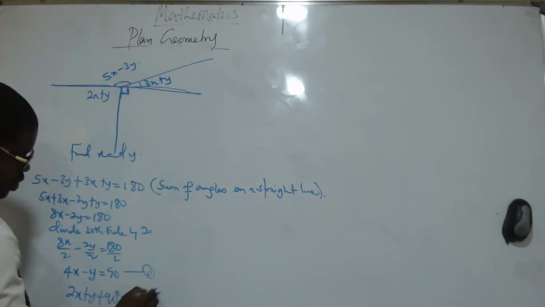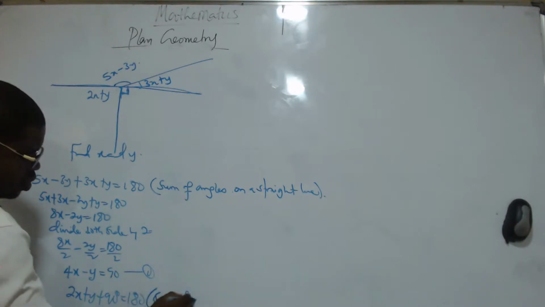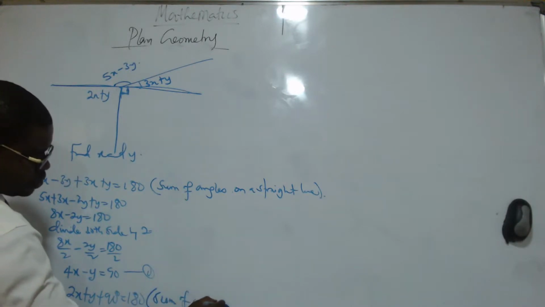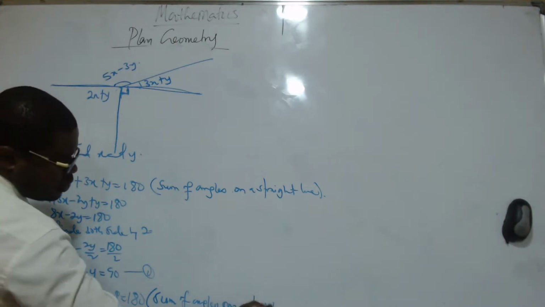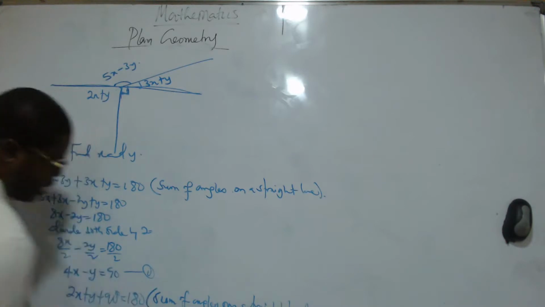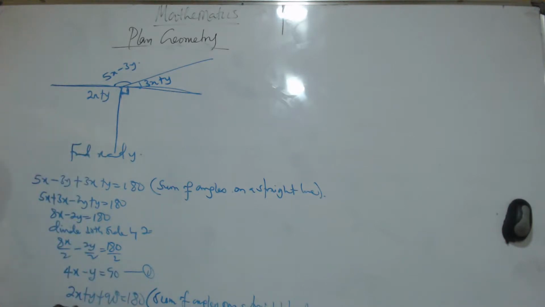Okay? We have sum of angles on a straight line. So you're going to have 2x plus y equals 180 minus 90. You have 2x plus y equals 90. This is equation 2.